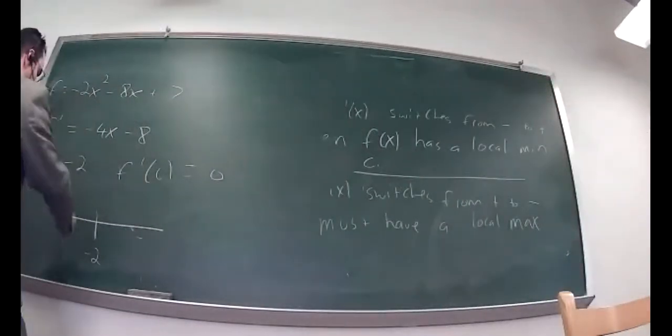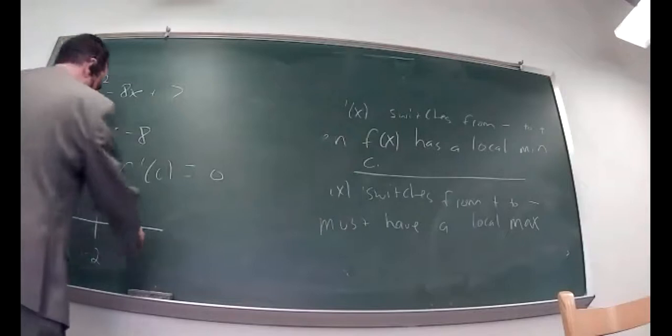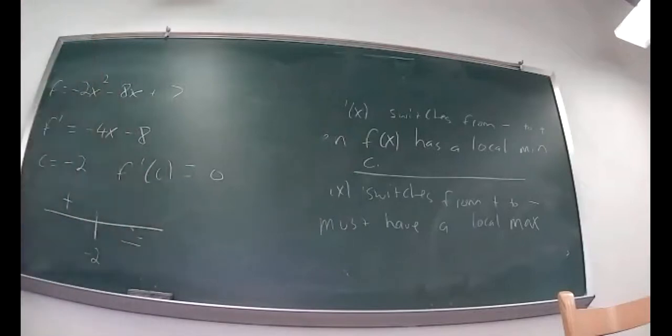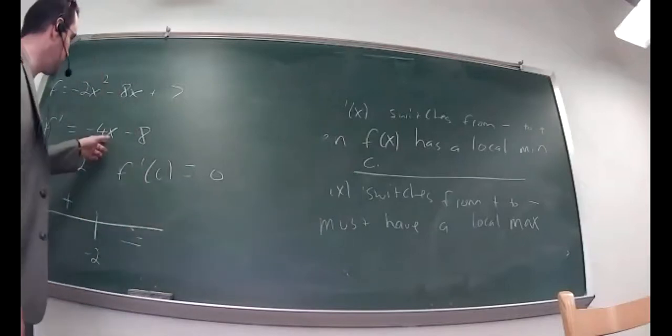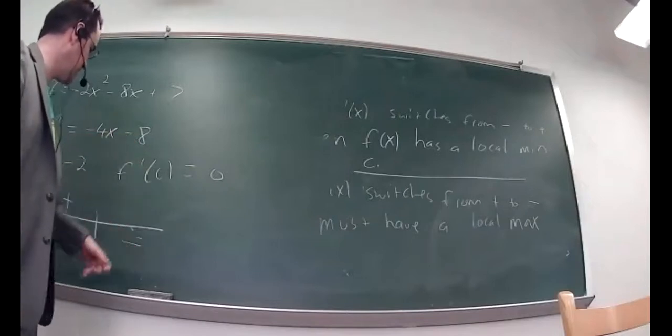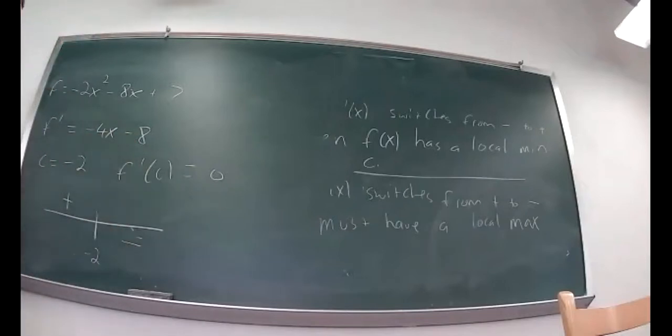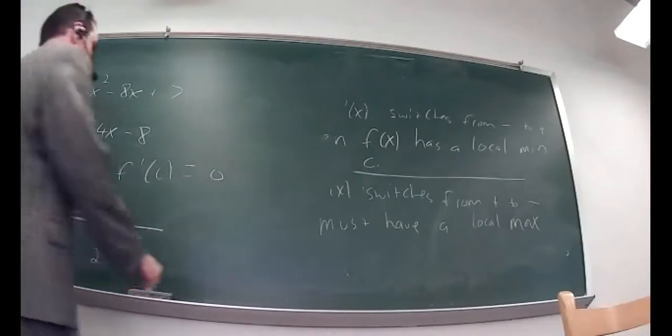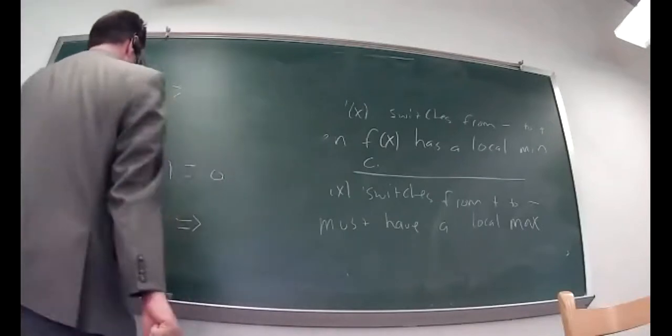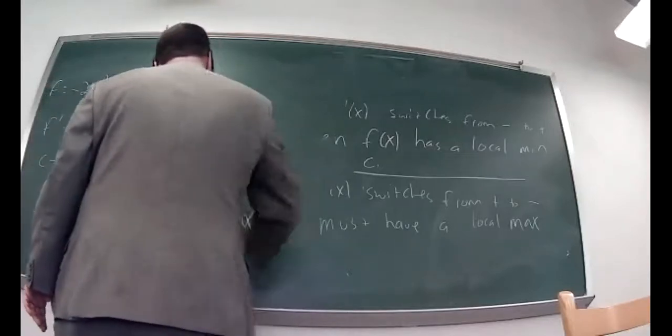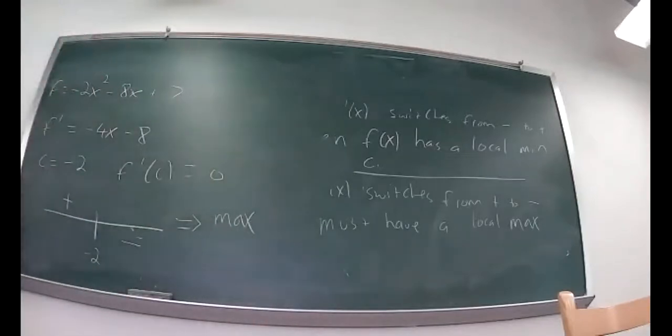Maybe you plug in 0 to see negative 8, so you're definitely negative here, you're 0 at negative 2, and you're positive at negative 3. So you draw your number line, you're switching from positive to negative, so you know you're going from increasing to decreasing, so you know that you must be at a maximum.